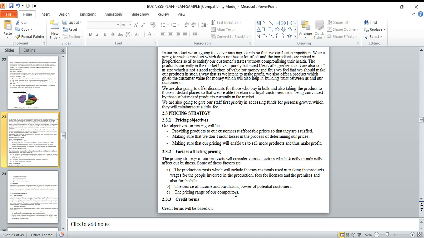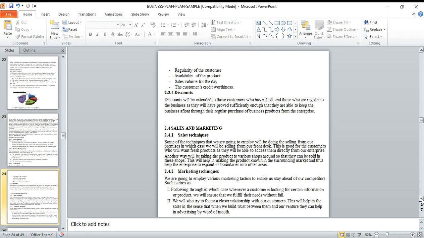Then talking of the credit terms, you're talking about whether you will give credit to your customers or not, and based on what. So those are some factors you also need to consider. So factors we will be considering before giving credit: regularity of the customers, availability of the products, sales volume of the day, then customers' credit worthiness.